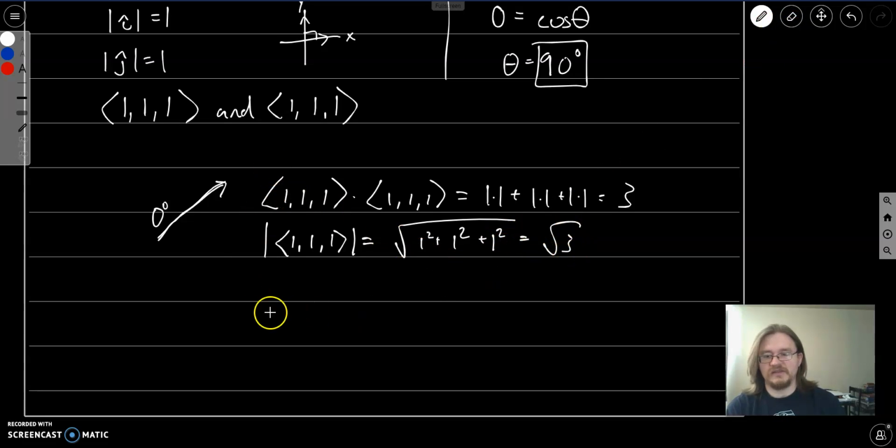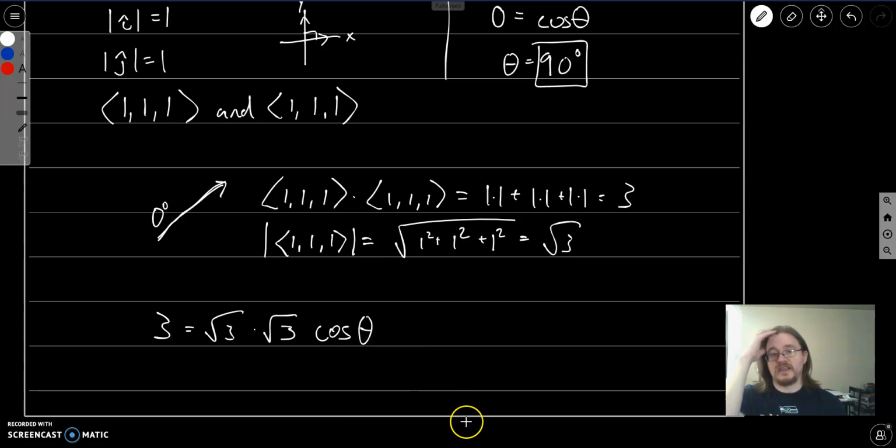So plugging everything into my formula, the absolute value of the dot product, which is 3, is equal to the length of one vector times the length of the other vector, which are the same vector, so they have the same length, times the cosine. The square root of 3 times itself is just 3. So 3 is equal to 3 cosine theta.